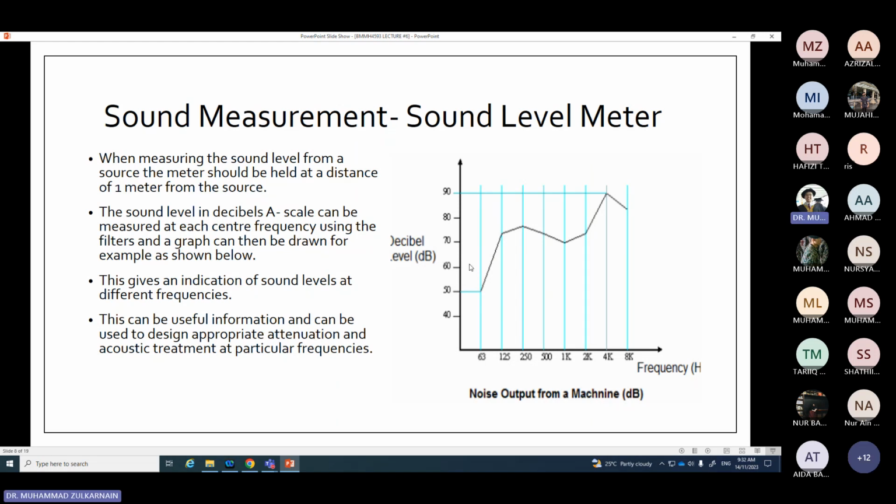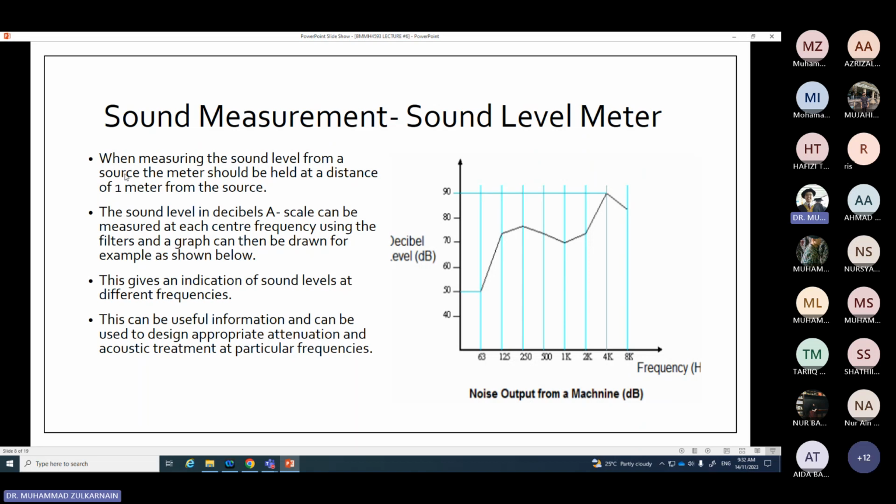So we can measure a certain condition. If we play a frequency of 63, it will record around 50 dB. If we increase the frequency, the noise will increase, so it looks like a linear condition.